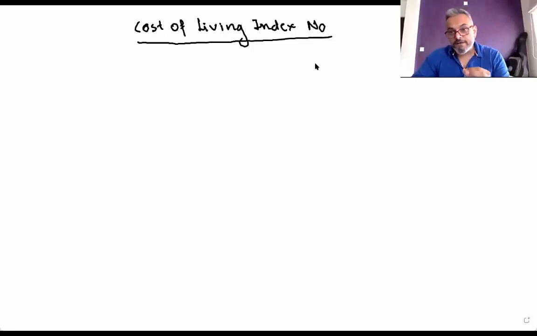Cost of living means जिंदगी जीने का खर्चा is known as cost of living. So to live, what cost do people incur? We want to construct an index number for the same. Now there are two methods in this.